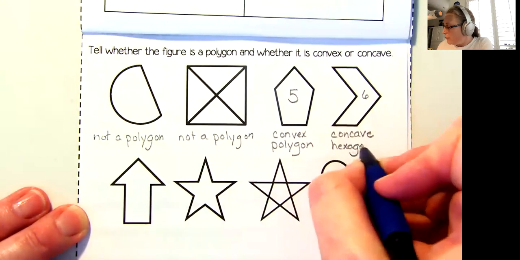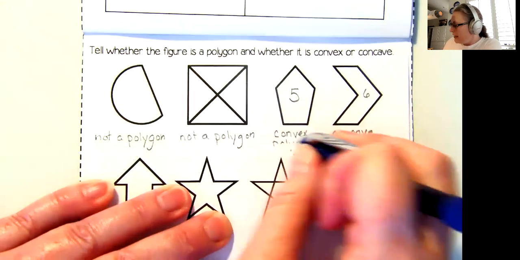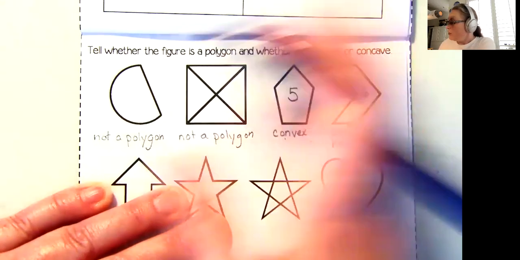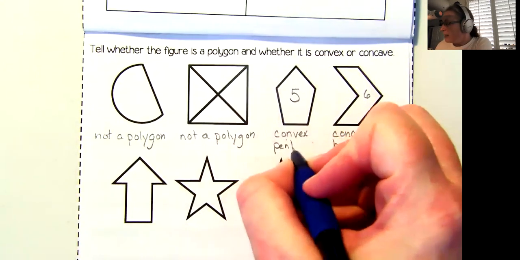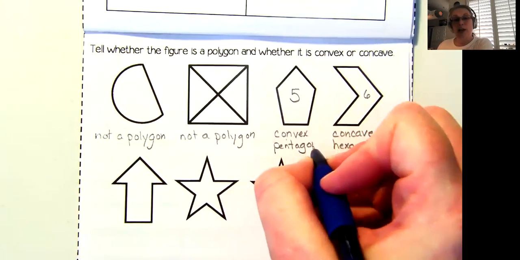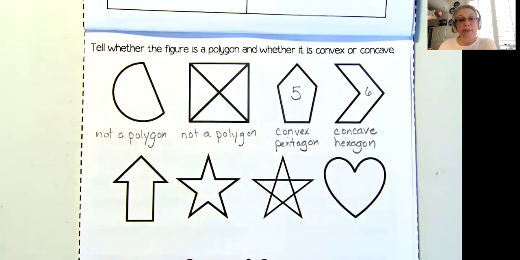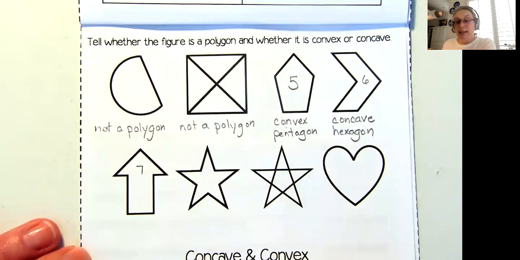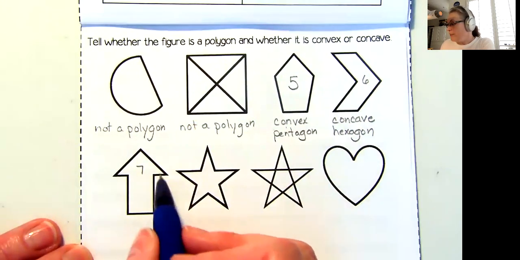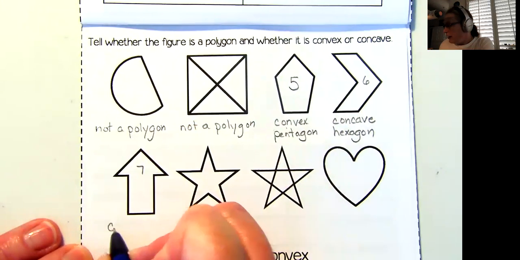We'll do that on number 5 too. Sorry, that 5-sided figure is a pentagon. The word concave or convex goes in front of the general name for how many sides the shape has. So a convex pentagon, a concave hexagon. This right here is 7 sides. It is concave, it's caving in here.